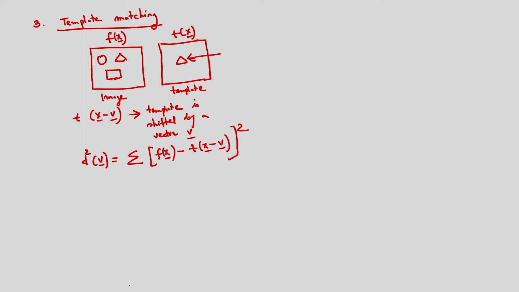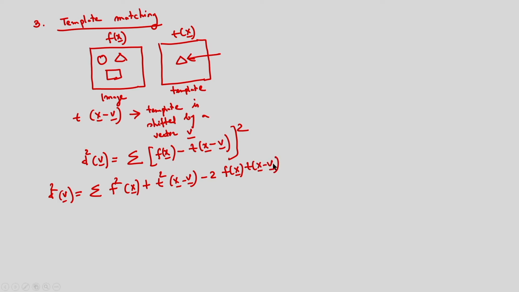That is, suppose one object is moving in a frame in a video, I can estimate the motion by considering this technique, that is the template matching technique. So, now this expression can be expanded: f square x plus t square x minus v minus twice f x t x minus v.